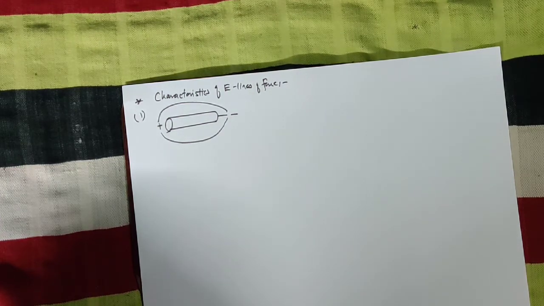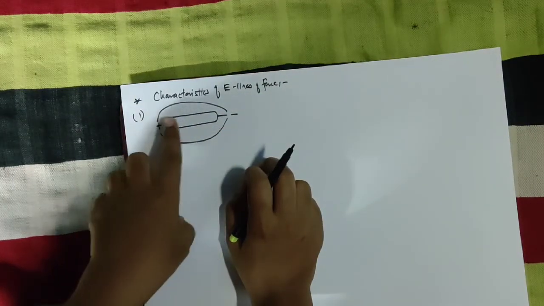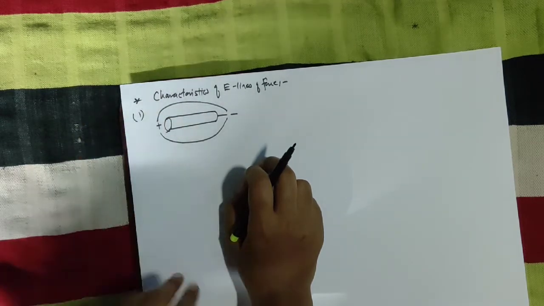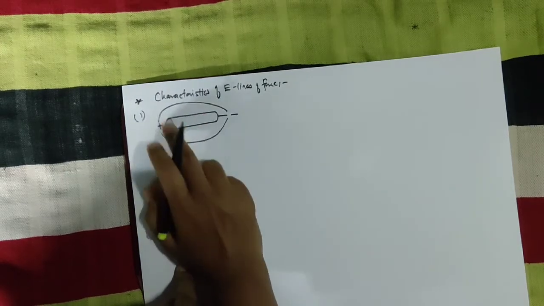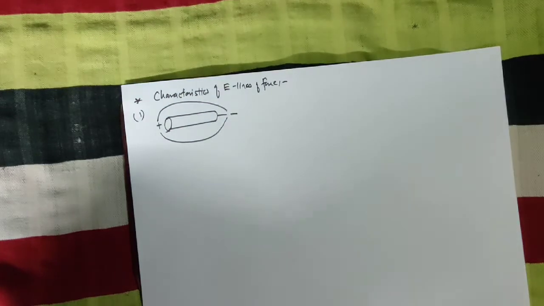The third point is that the lines of forces leave a conductor normally. That means when this positive and negative charge is passing through this conductor, not inside the conductor, but if you consider a solenoid type conductor, then after passing they leave the conductor normally. That means the shape and size of that conductor does not change anywhere.